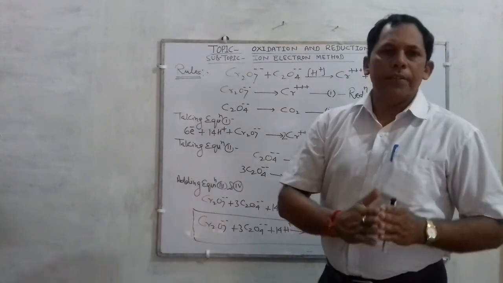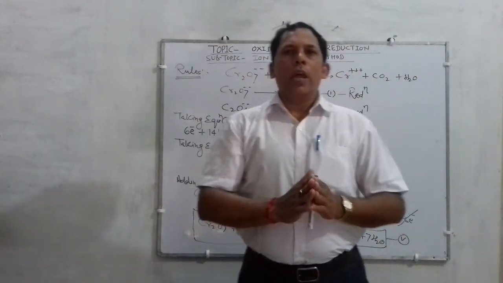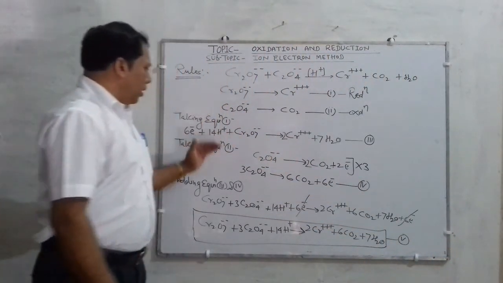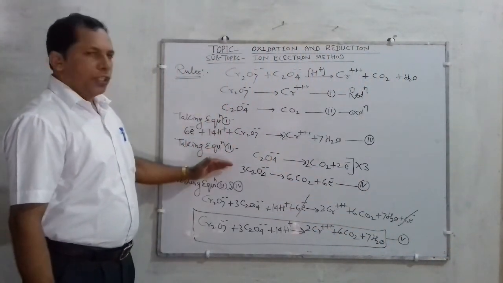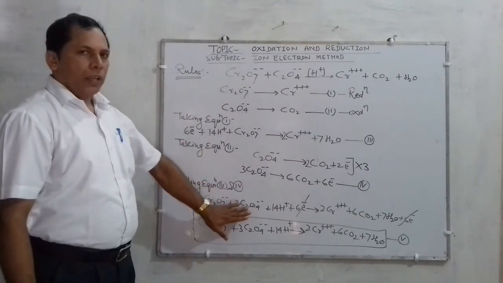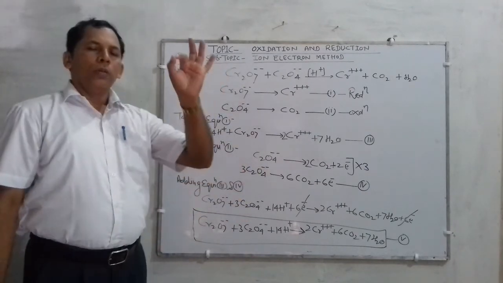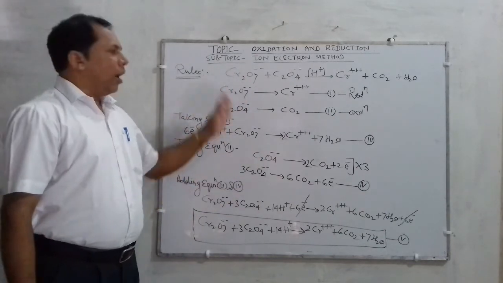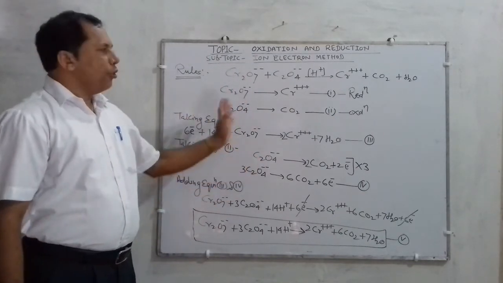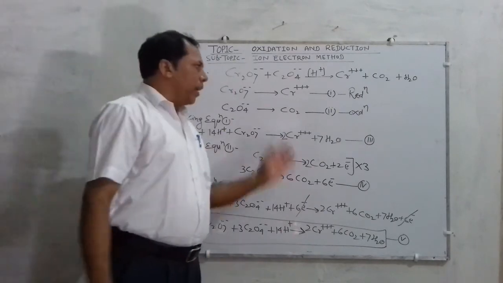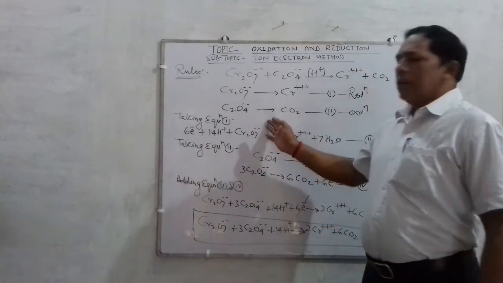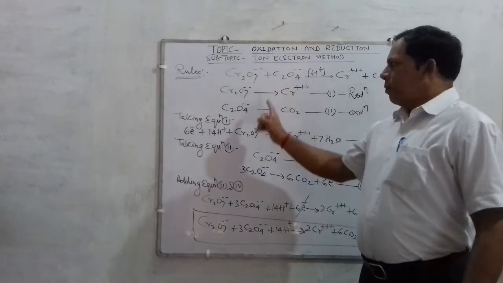So go on the basics, remember the laws and apply them without any difficulty, without any hesitation. Go through the rules, then you will have no problem in balancing. This is the easier and convenient method by which you can balance any chemical reaction. Do practice, and if it does not come, tell me, I will surely solve your problem.